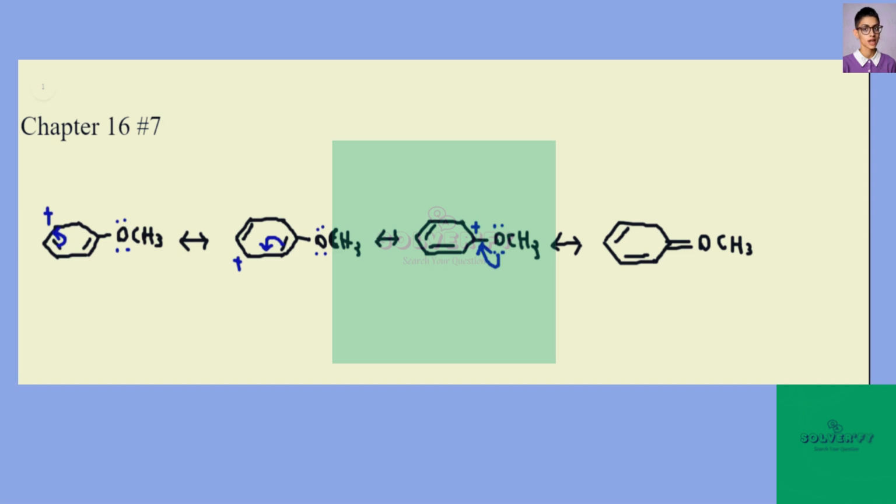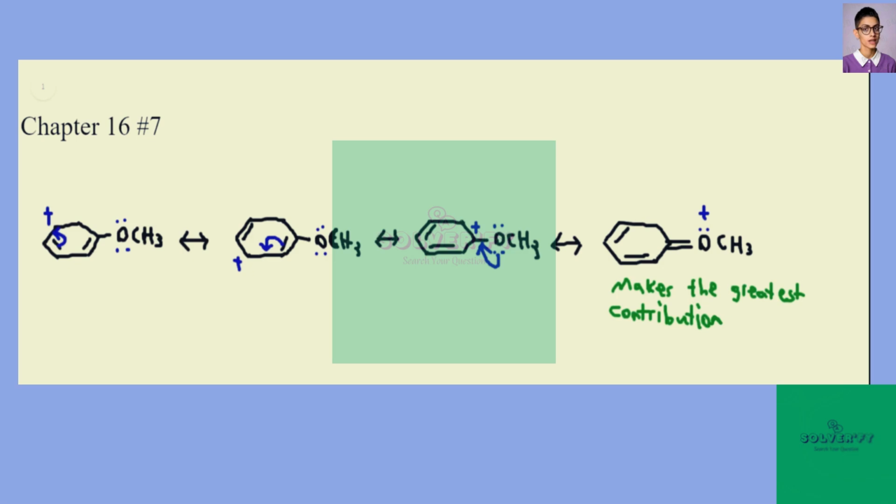The oxygen is only going to have one lone pair on it, and it's going to have a positive charge. And so this final resonance structure is going to be the one that makes the greatest contribution to the resonance hybrid.